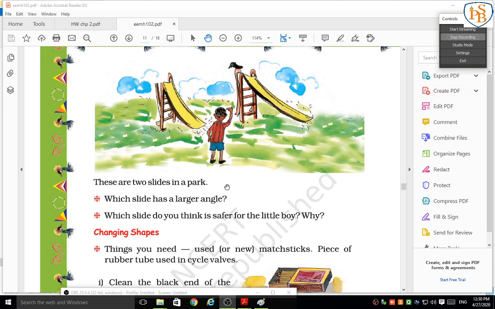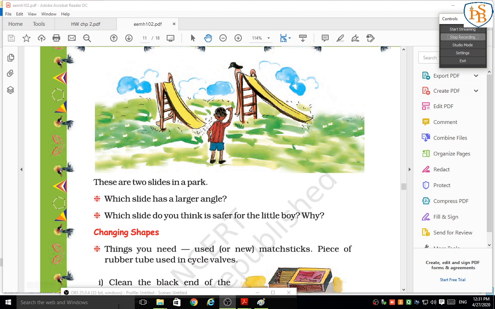And in today's session, for doing the activity, we need some resources, like one box of matchsticks. After that we also need a rubber tube that we use in our cycle. Then we need 2 square sheets of paper. If you are using white color, or if it is available, then you can use a colored square sheet of paper.